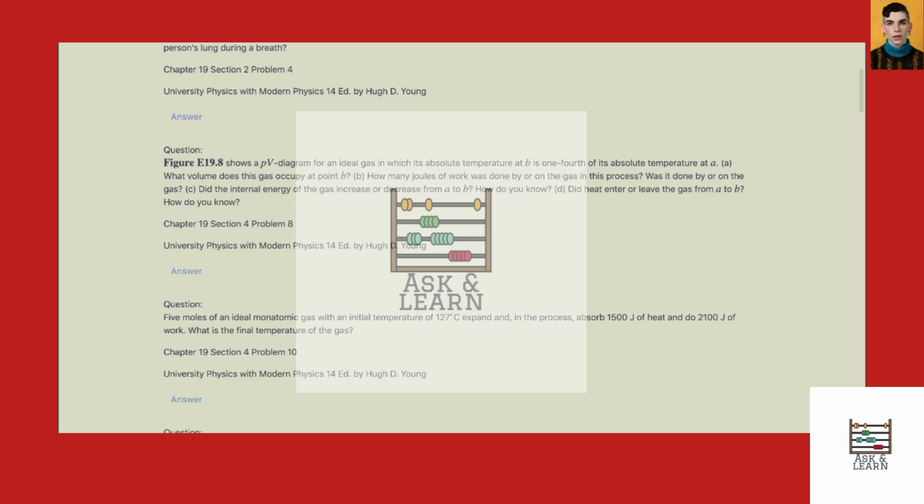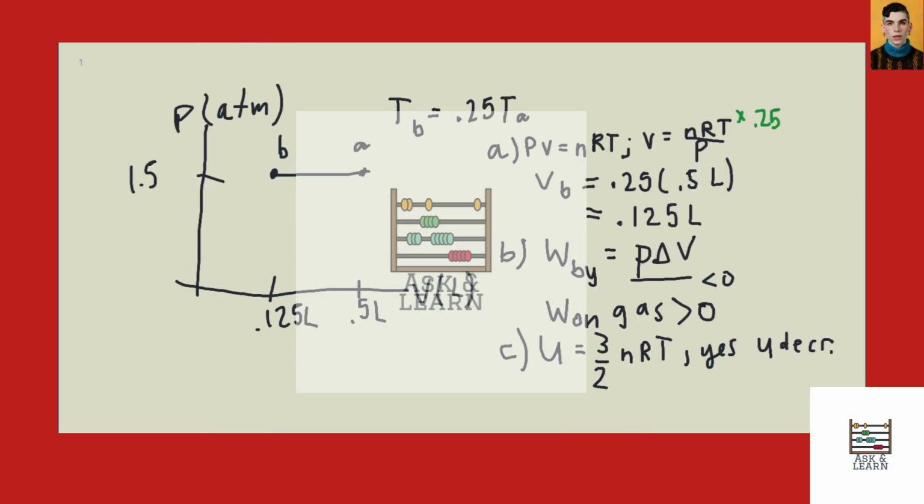Did heat enter or leave the gas from A to B? How do you know? Okay, so D, to get the sign of Q, Q is equal to the change in internal energy plus the work done by the gas. That's just rearranging the usual form, which is that the change in internal energy is equal to Q minus the work done by the gas.